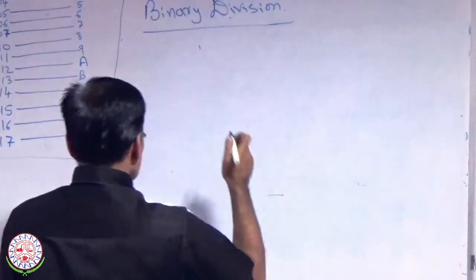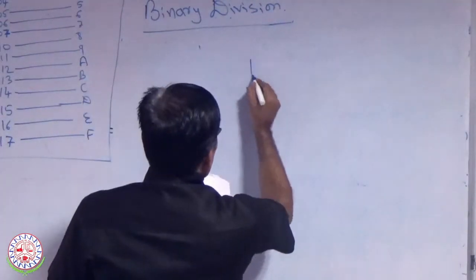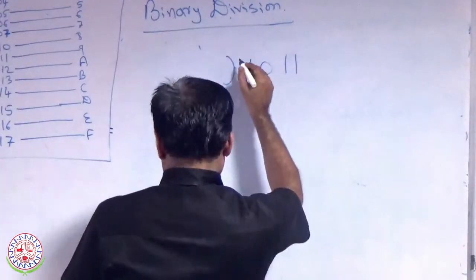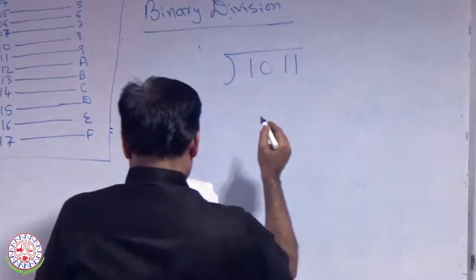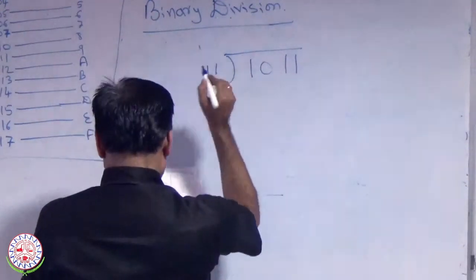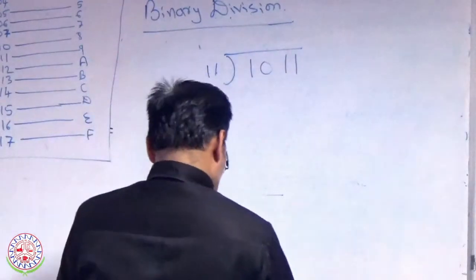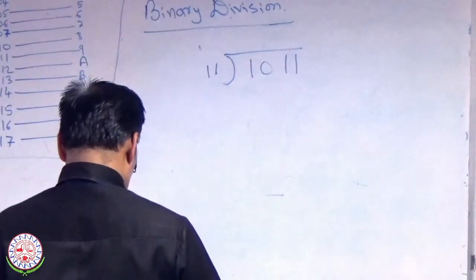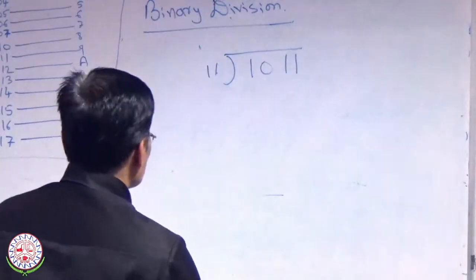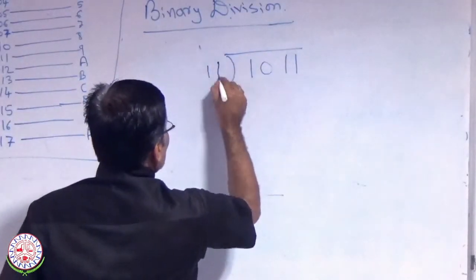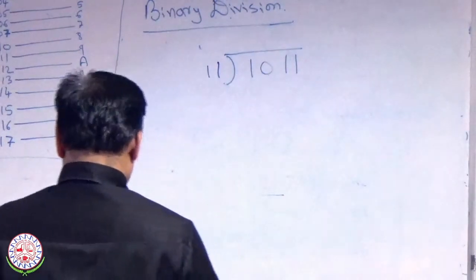Let us consider the number 1011, which should be divided by the number 11.